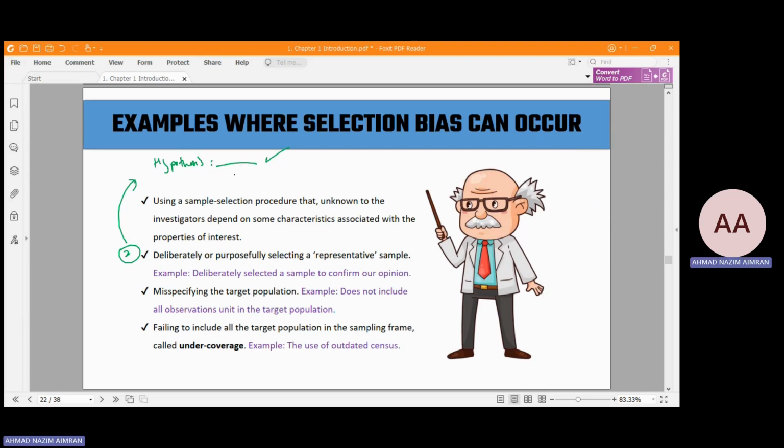So what happened is the researcher will deliberately select a sample to confirm their opinion.